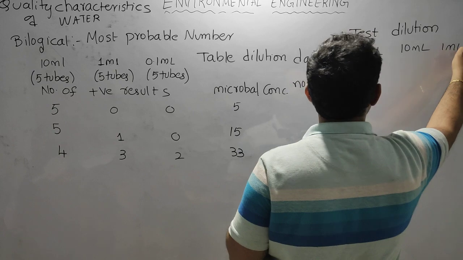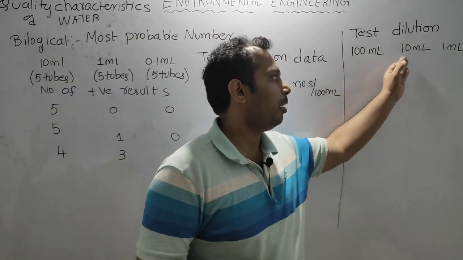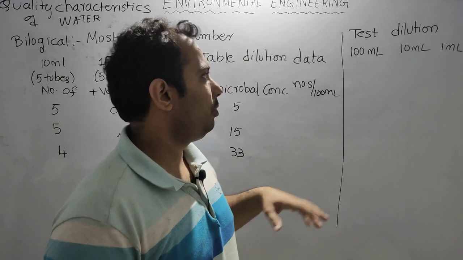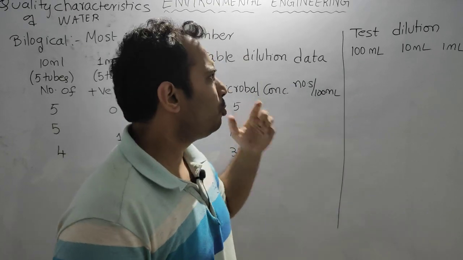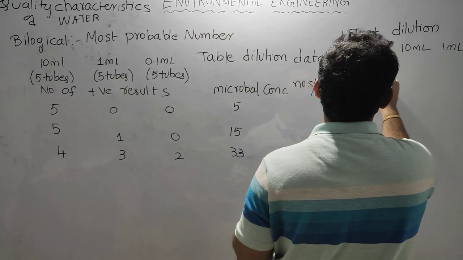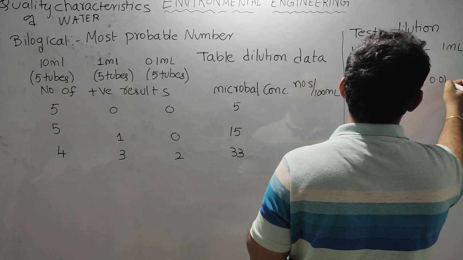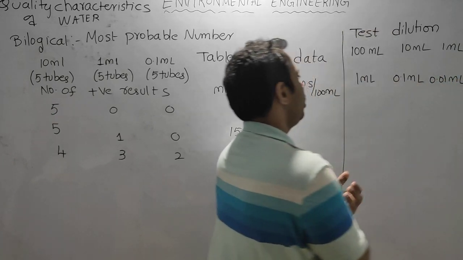Or if you have small apparatus, you may go with 1 ml, 0.1 ml and 0.01 ml.